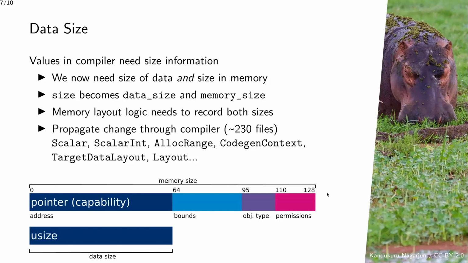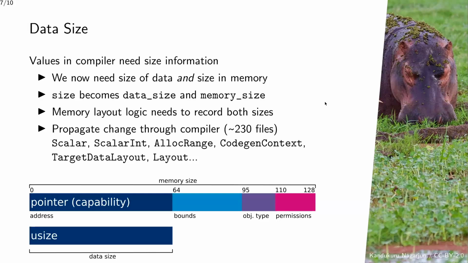So the single size value becomes a data size and a memory size. And then all of the memory layout and data structure layout logic has to be made aware of this, and these size values have to be given for all of the data that we're manipulating in the compiler.